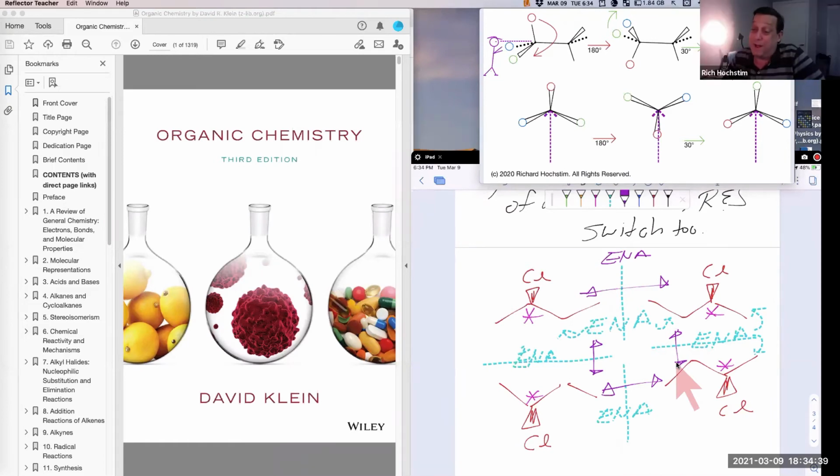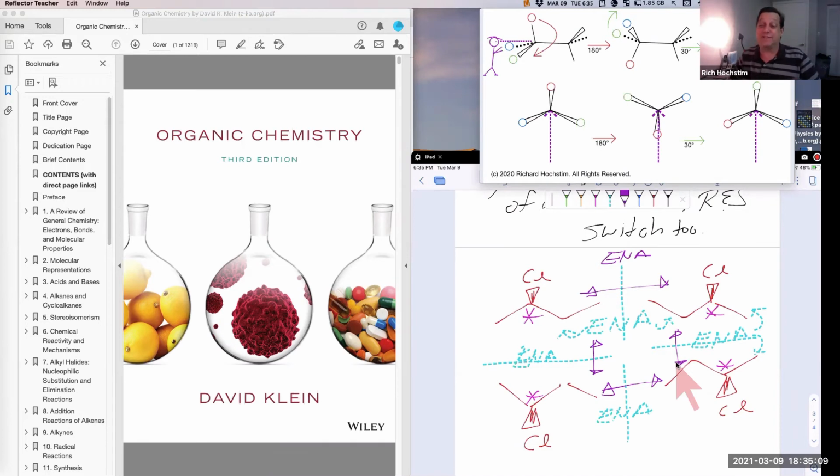So there's a hard way to do it and an easy way to do this. I'm hoping for the easy way. Isn't that if it changes, like all of them change the dash to the wedge, then it'd be an enantiomer. But if not, then they'd just be identical. But that dash and the wedge are great, but I'm also moving the carbon skeleton.